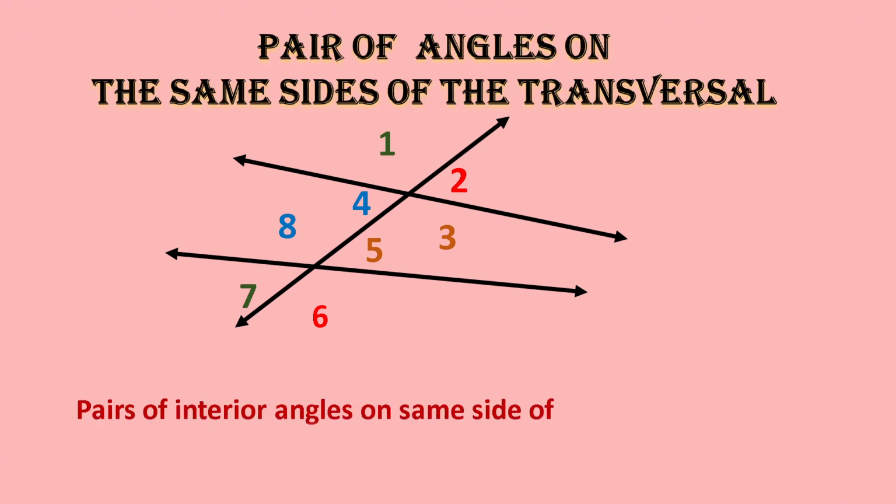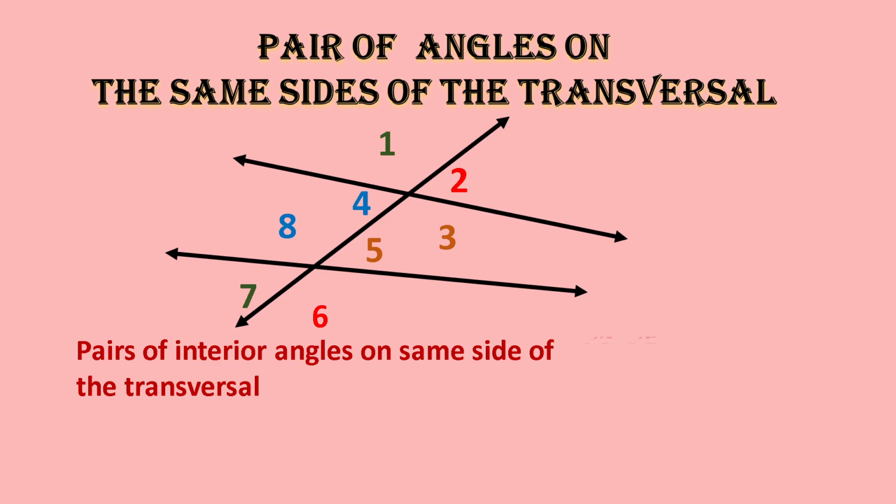Now, pairs of angles on the same side of the transversal are angles 3 and 5, angles 4 and 8, angles 1 and 6, 1 and 7.